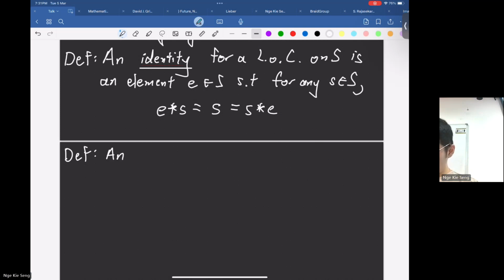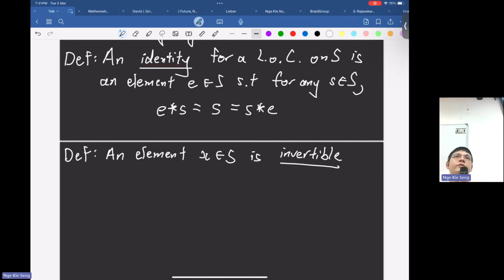So an element X in S is invertible. Okay. So when I talk about invertible, right? So what does it remind you? You learned linear algebra. No? So what does an invertible matrix do?